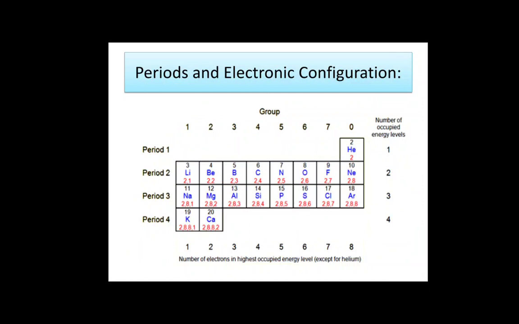The elements in the third period, that is sodium, magnesium, aluminium, silicon, phosphorus, sulfur, chlorine and argon have electrons in the 3 shells. So, we can say that the number of shells is equal to the number of the period.